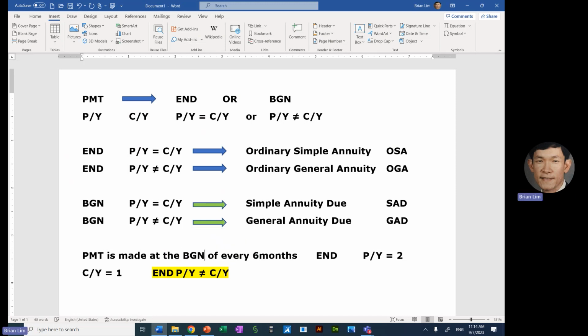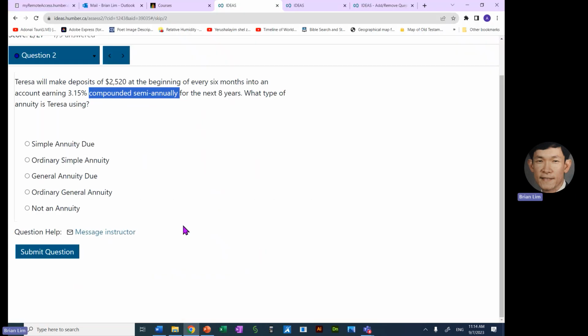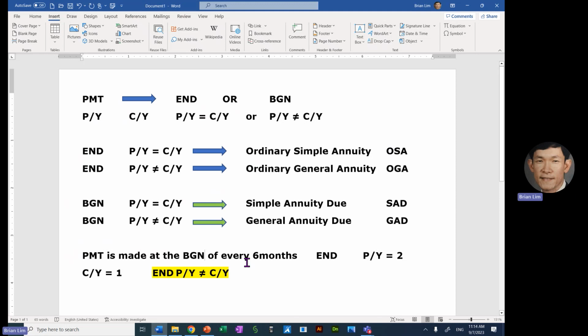So the wording says at the beginning of every 6 months, and the compounding is semi-annual. So this here should not be end, it should be begin. PY is 2, and the compounding is semi-annually, so that is 2.